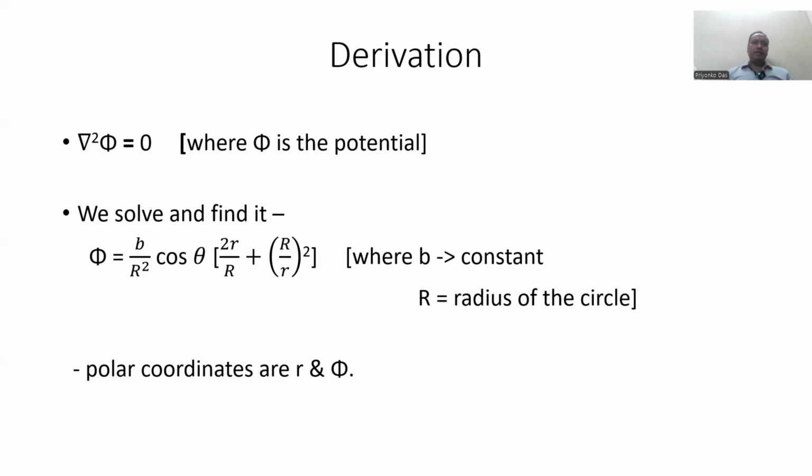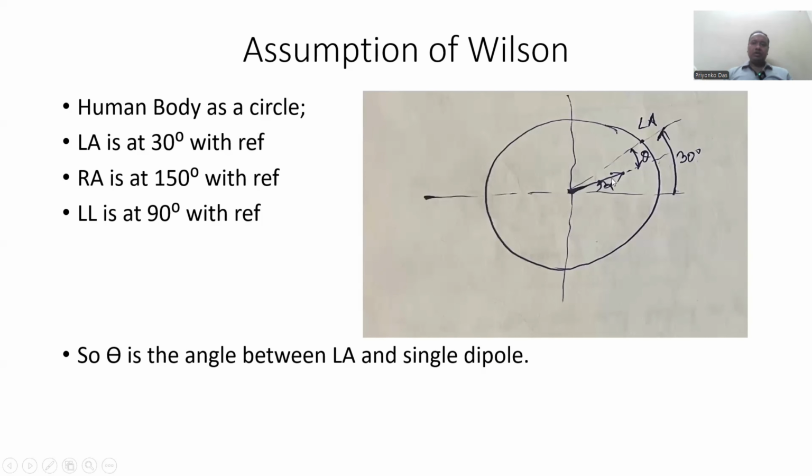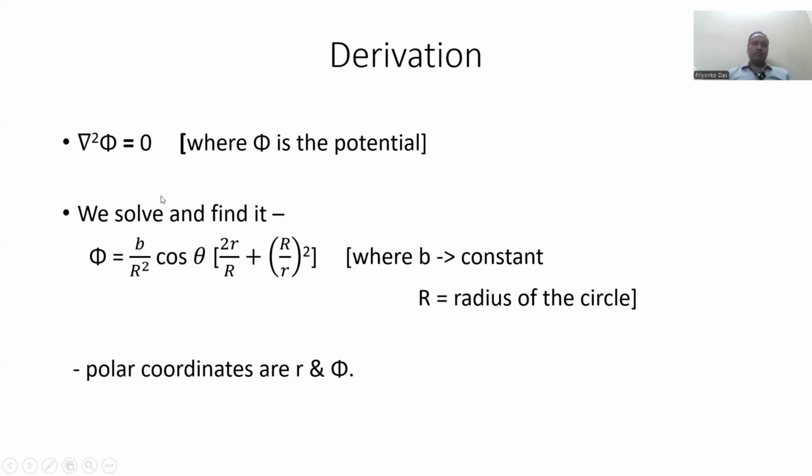Now the derivation becomes nabla squared phi equals 0, where phi is the potential due to the dipole acting at angle alpha. Solving, we find phi equals b over capital R squared, cos theta, into twice small r by capital R plus capital R over small r, whole squared, where b is some constant and capital R is the radius of the circle.